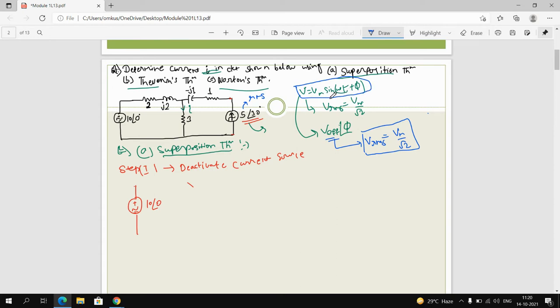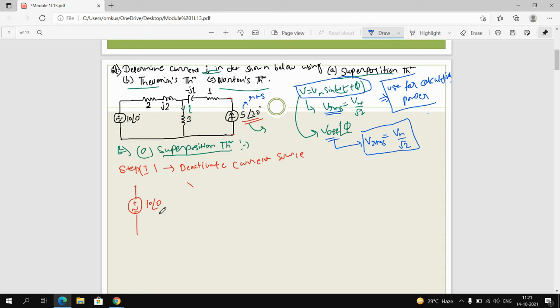So if in the question or circuit the value is given in this format, you need to first convert it to RMS value and then use it for calculating power, right? So note that you need to take care of this. Okay, so here all values are RMS values, right?